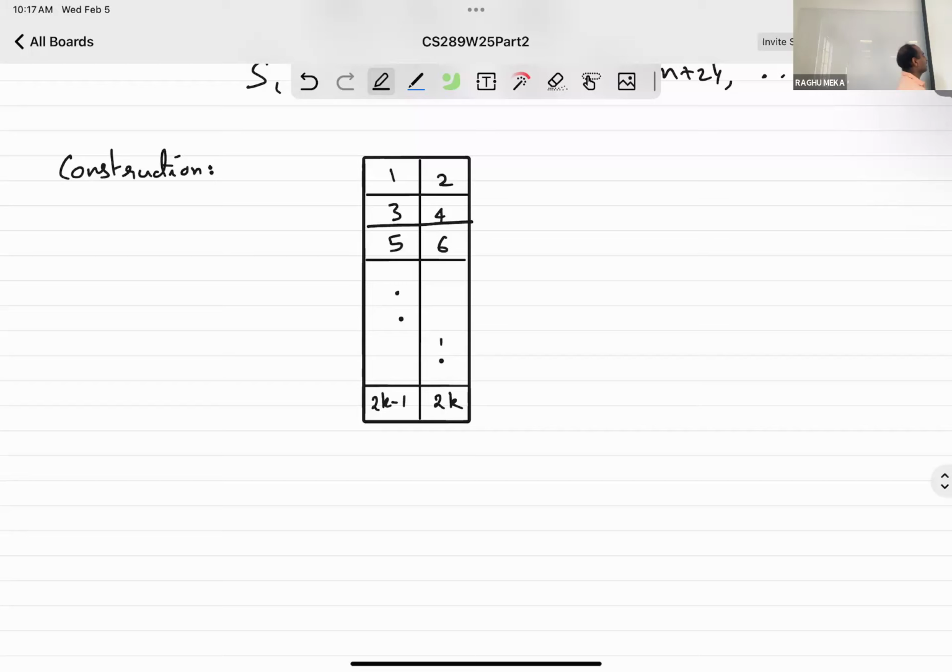There are K rows, and I've just paired them up into 1, 2, 3, 4, 5, 6, so on up to 2K minus 1 and 2K. Okay. And now you have K rows.